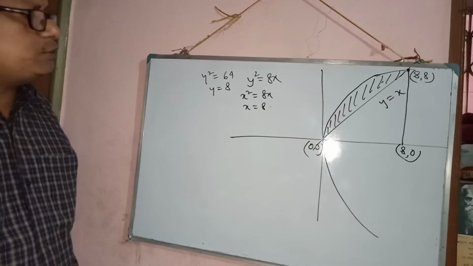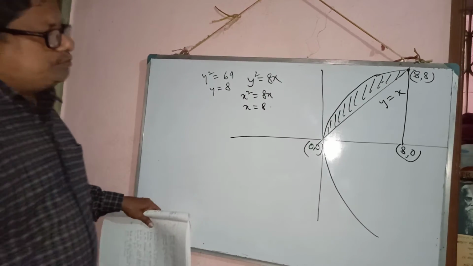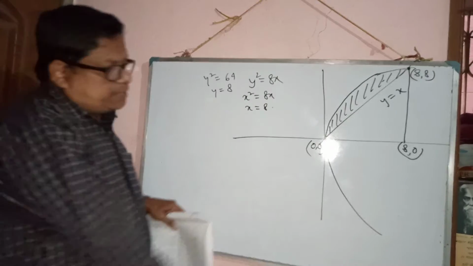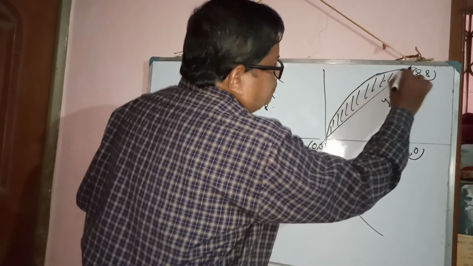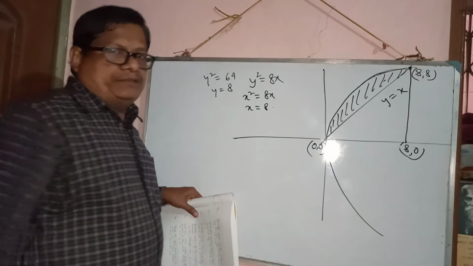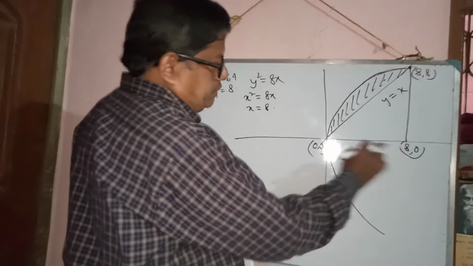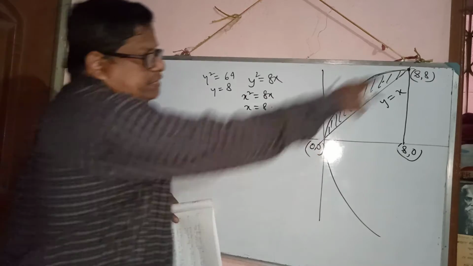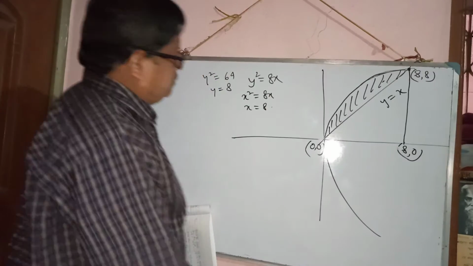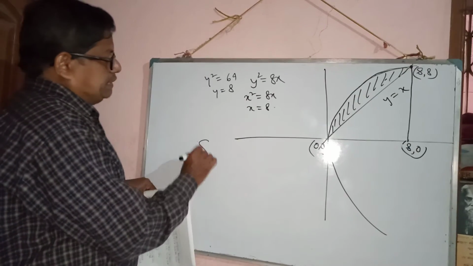From 0 to 8 this curve is a parabola, and the straight line y equal to x passes through the origin.